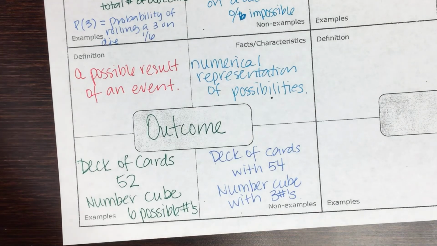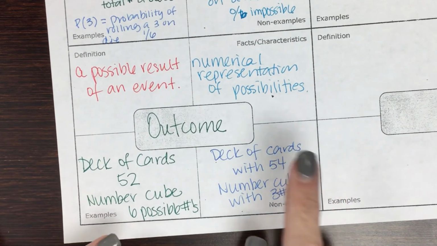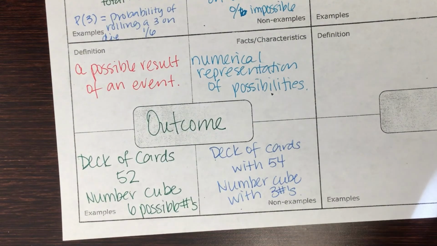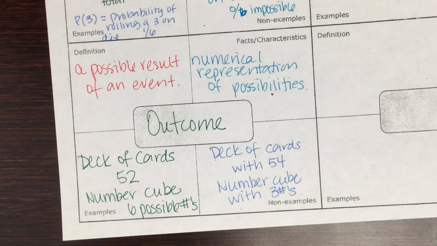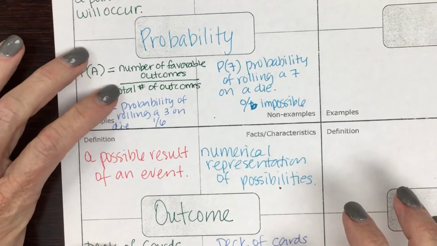Okay, so the number of outcomes are 52 and 6 here, 54 and 3 numbers. All right, so we're going to save the other 2 boxes on our vocabulary diagram for later on, but we just need to get these 2 for today, probability and outcome.